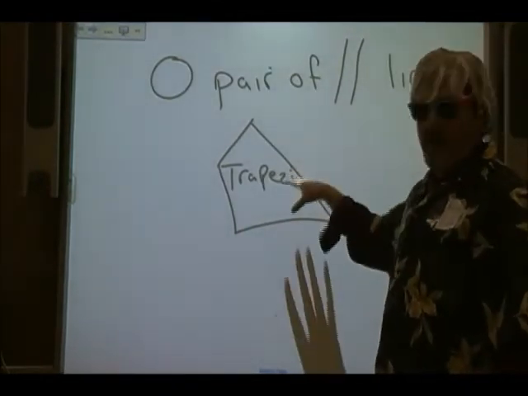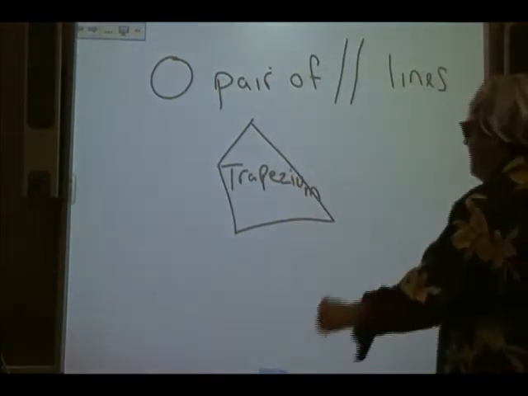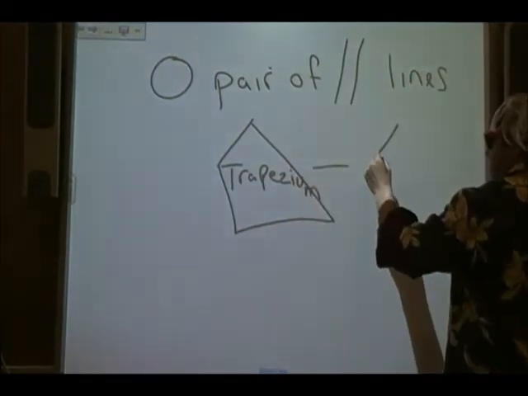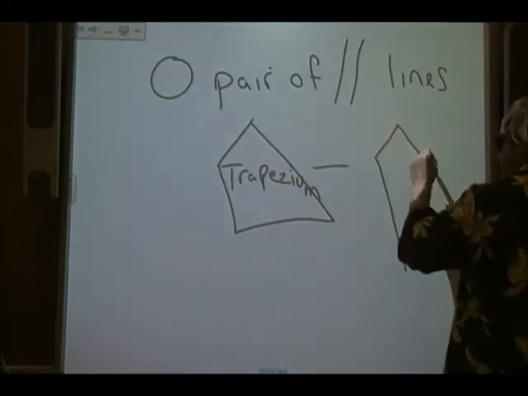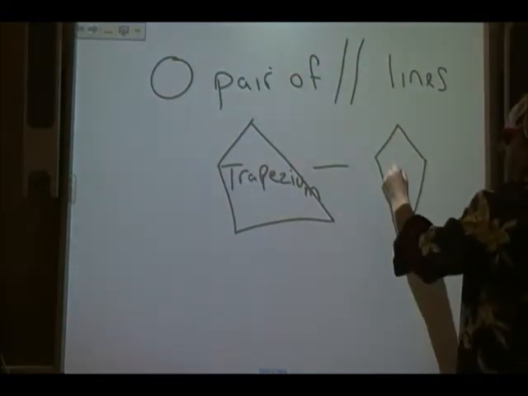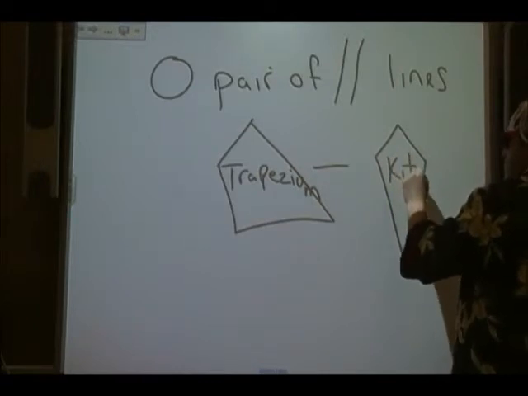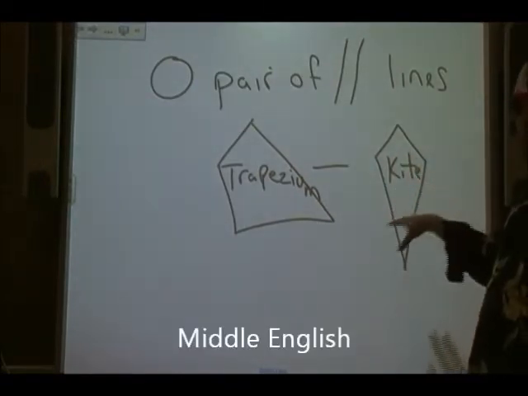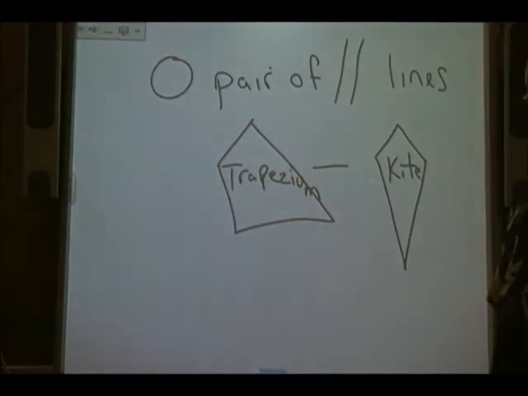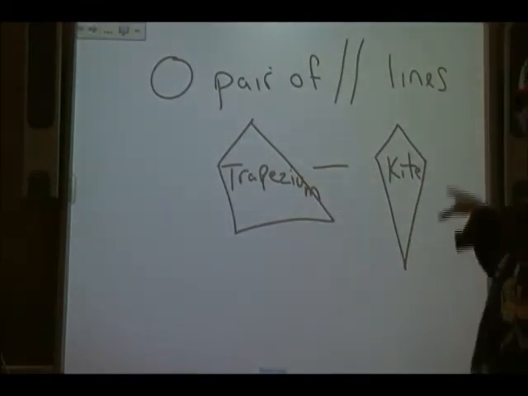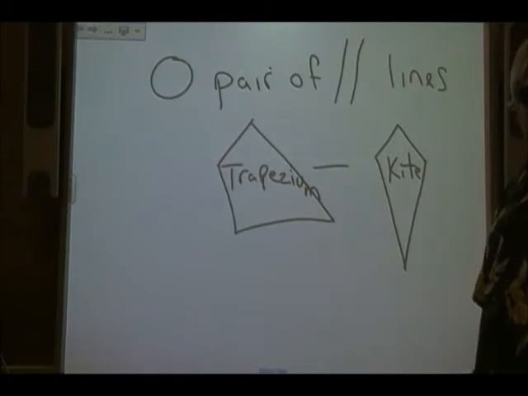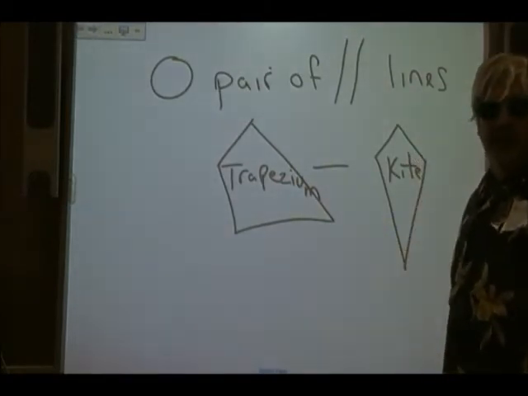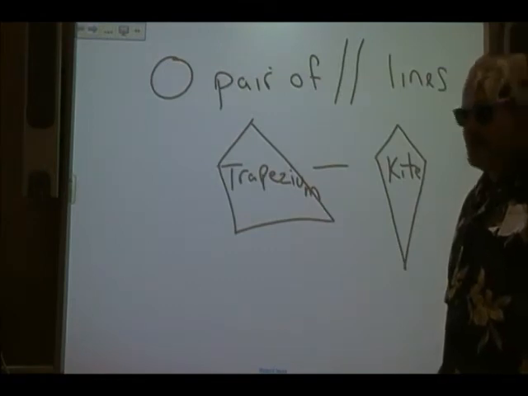And the most famous trapezium that we have is this one right here. It's called the kite. That's the most famous of the trapeziums, the kite. And no sides are parallel. That's one way to classify this group.